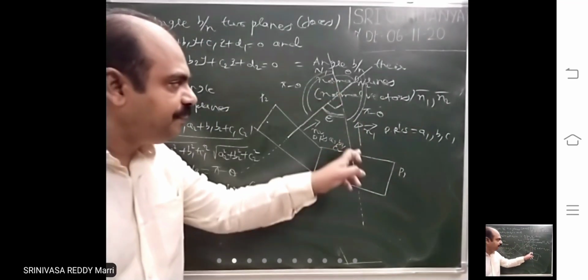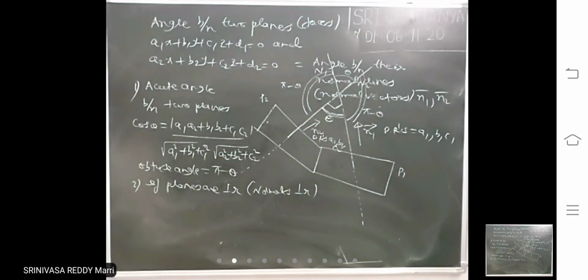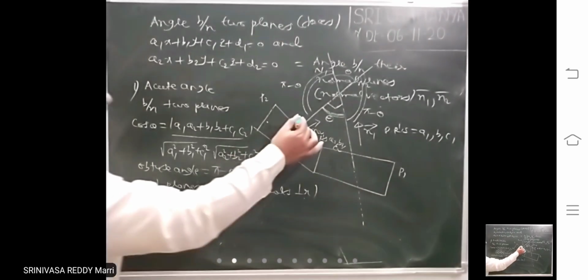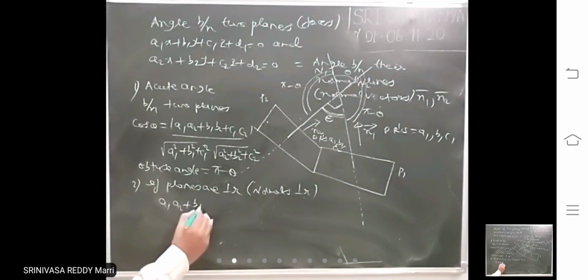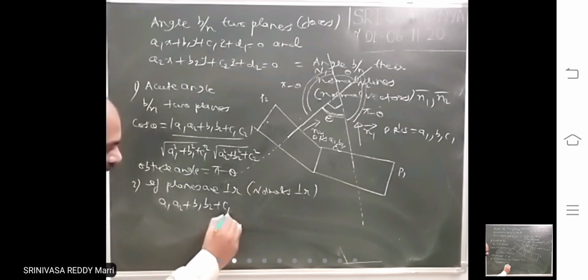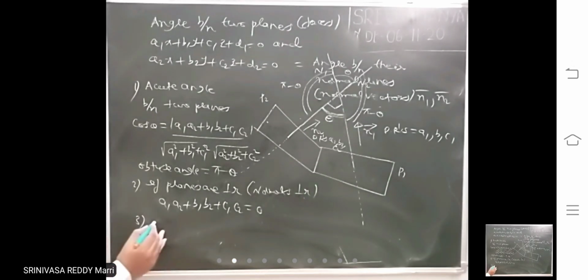If you keep two pens, they will be perpendicular to each other. Therefore, the condition is: if the planes are perpendicular, A1 A2 plus B1 B2 plus C1 C2 equals 0. The normals are perpendicular.